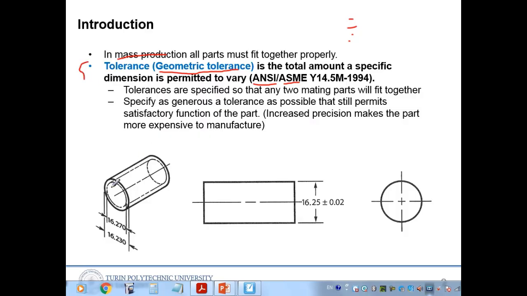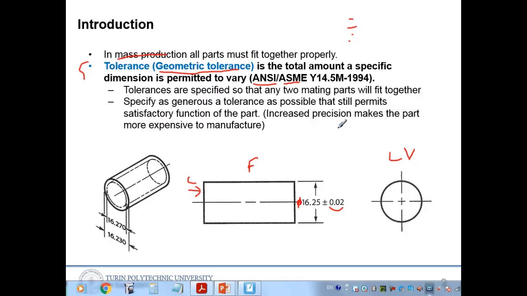And what's the meaning of this? For example, there is a cylinder given. Okay, so the front view here, and that is a cross section. So the left view, the left hand side view, and the diameter of this cylinder. If you see here, diameter sign, and then 16.25, and that has a tolerance value.